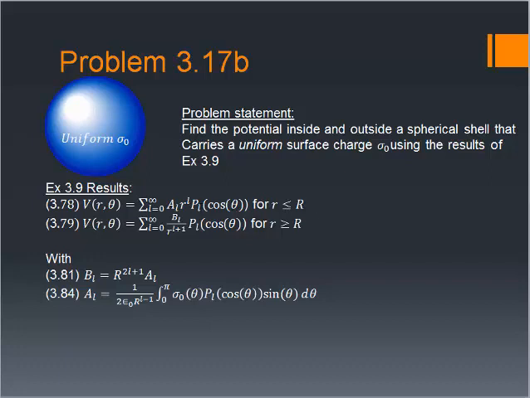The reason they come up with this for inside the sphere is because this b sub L term would blow up at the origin, and the reason this one doesn't have an a sub L term is because this term would not be able to fall off as you got further and further away from the sphere, as we'd expect it to. And then we're given these equations for the constants.